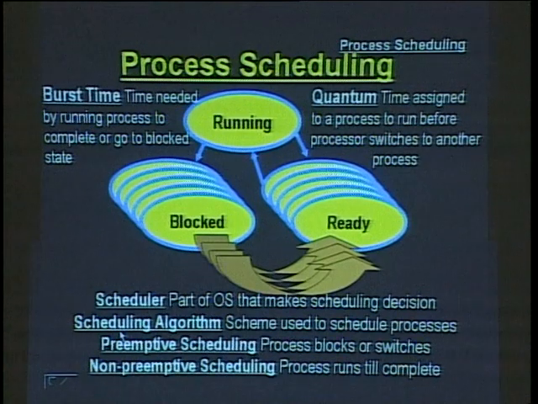Scheduling algorithms primarily come in two flavors. Number one, preemptive scheduling, where the process blocks or switches, as we see from here, if the process goes from running either to ready state or switches to another process, we call that preemptive scheduling.